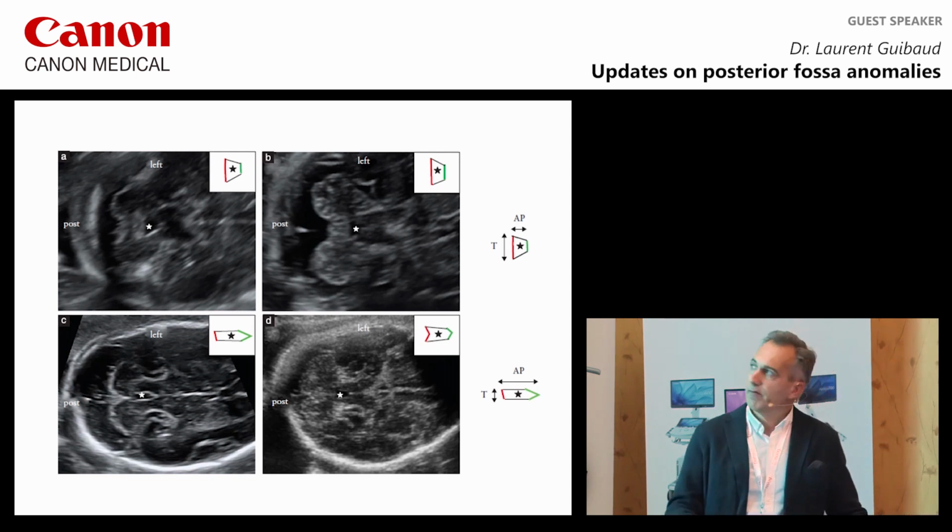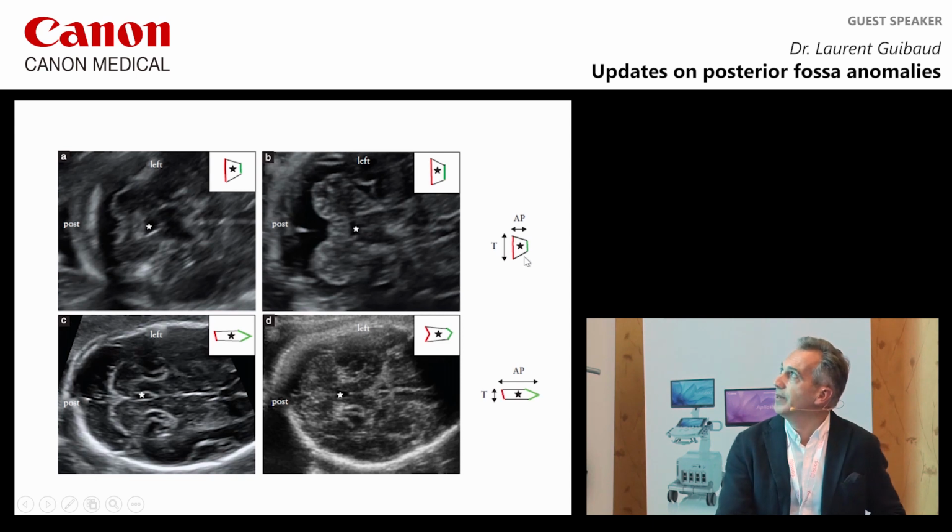In normal life, the AP diameter of the fourth ventricle is shorter than the transverse diameter. Because of the elongation of the peduncle here, you see that the AP diameter becomes larger than the transverse diameter.